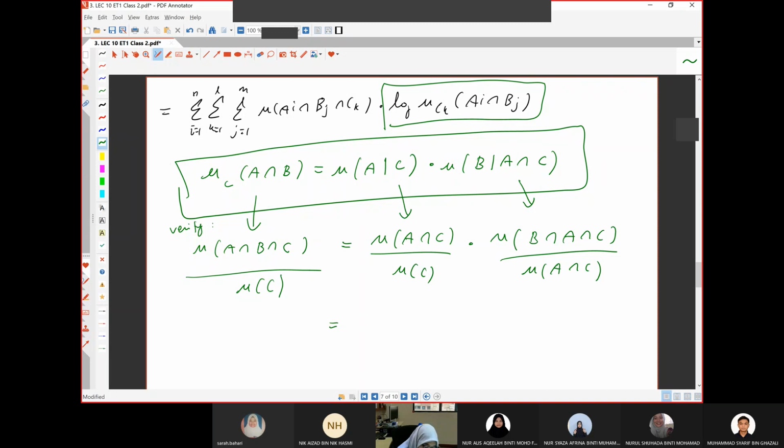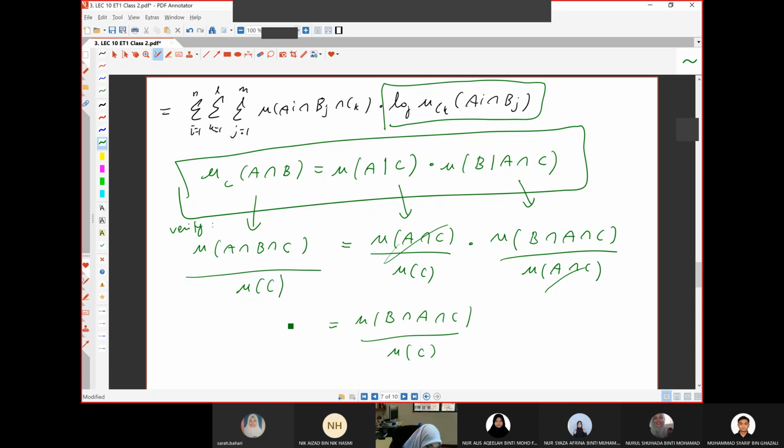You can cancel this mu A intersect C, and what's left is only mu B intersect A intersect C over mu C, which is equal to the left hand side.